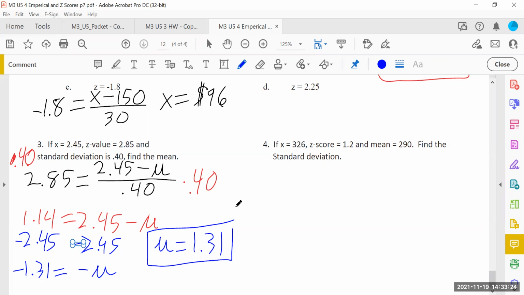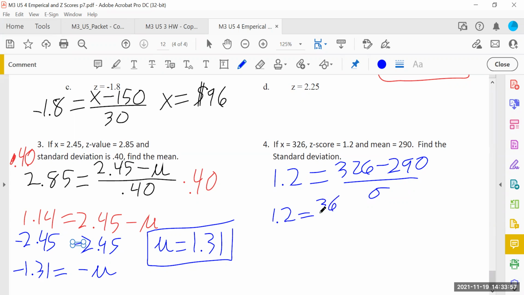And then the last one, solve for the standard deviation. So we set this up: z-score of 1.2, X is 326 minus 290, that's the mean, divided by standard deviation. It's probably easiest to just do 326 minus 290 at the beginning, which gets us 36. 1.2 equals 36 over sigma.